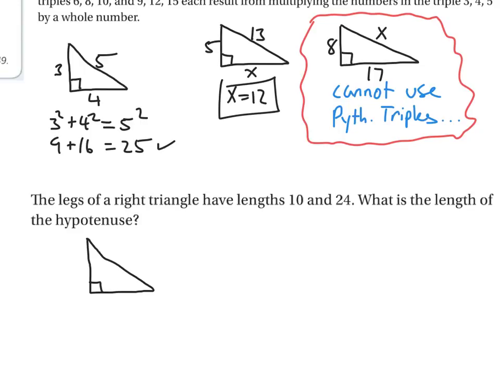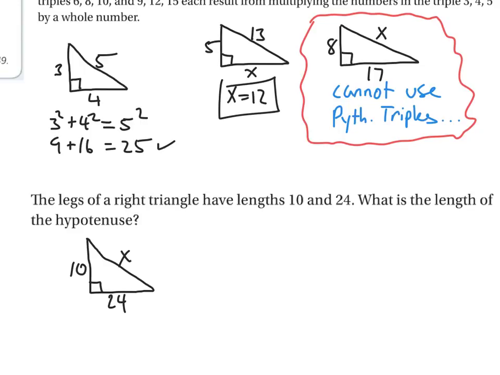Okay? We're talking about the legs. Legs are the sides that form my right angle. So that means 10 and 24 must go there. Okay? And it doesn't matter where you put the 10, where you put the 24. That's not important. We are trying to solve for the hypotenuse. Now, yes, we could plug into the Pythagorean theorem. You could say 10 squared plus 24 squared equals x squared and solve it. Okay?